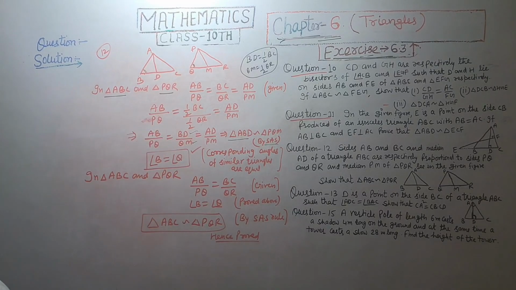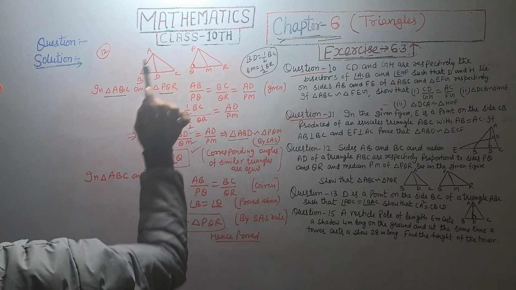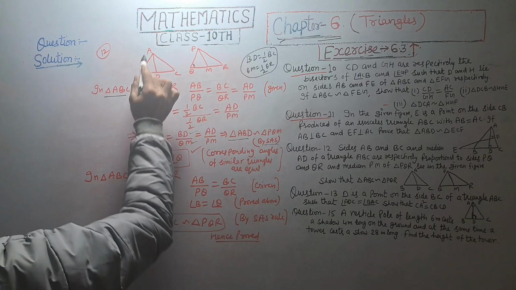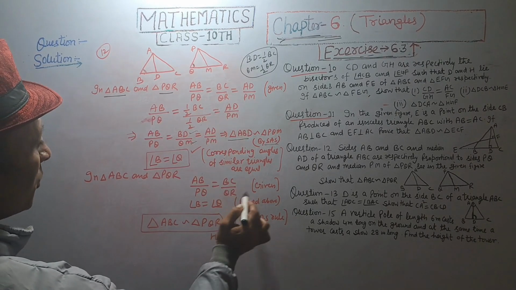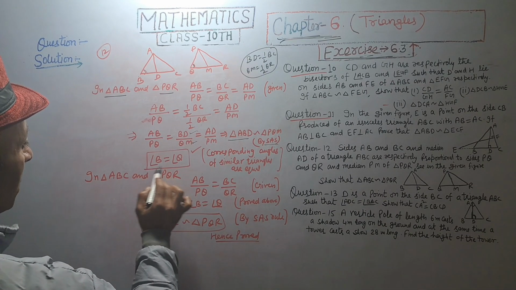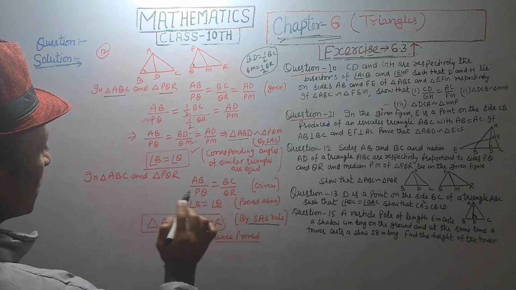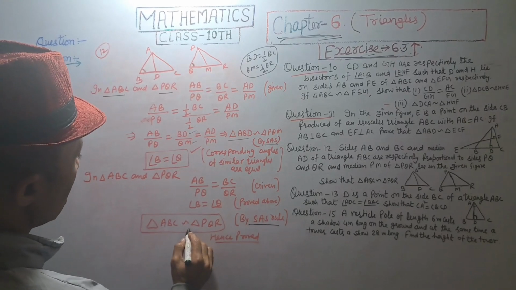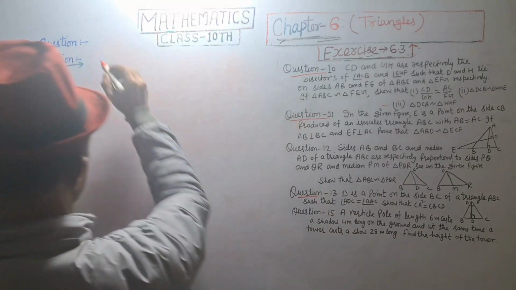So angle B equal to angle Q. And in triangle ABC and triangle PQR, AB upon PQ is equal to BC upon QR, it's given, and we have proved angle B is equal to angle Q. So by SAS rule, triangle ABC is similar to triangle PQR. Hence proved.